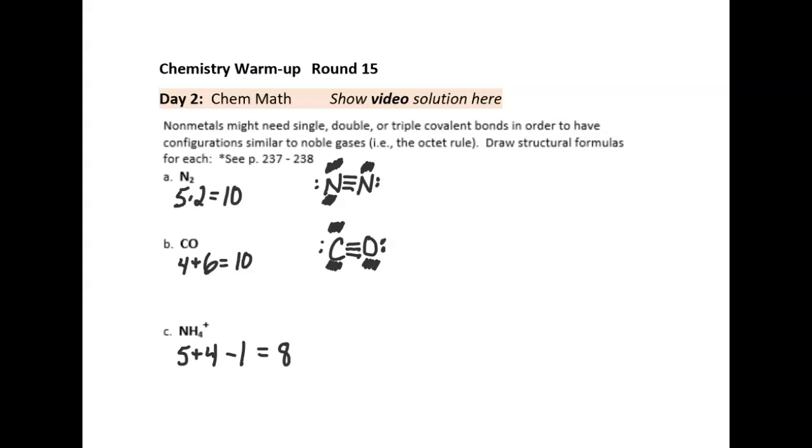Let's draw this and follow the principle about making it look symmetrical. So nitrogen in the center, surrounded by the 4 hydrogens. Start with single dash lines to see if that results in a correct picture.